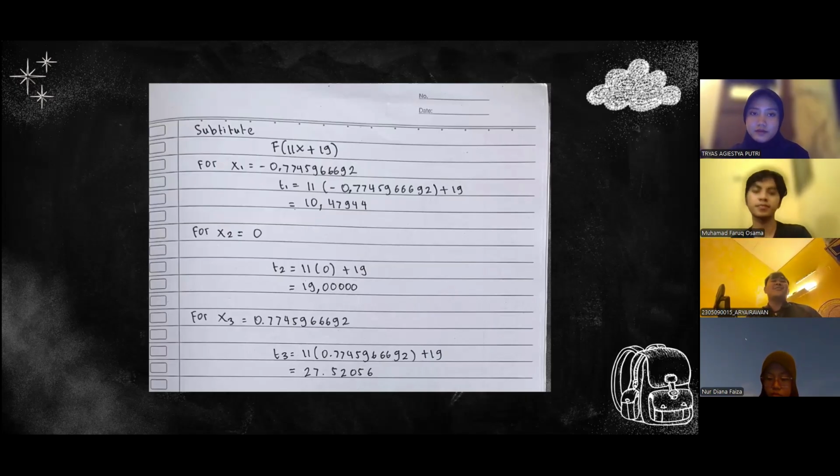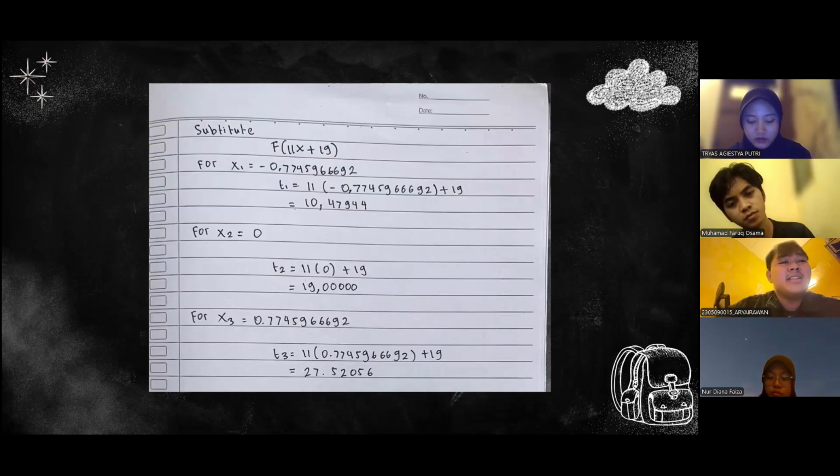Okay. After we know x1, x2, and x3, we can calculate t1, t2, and t3. We have the formula before. It's a function with 11x plus 19. So we just substitute to the formula. For t1, we use x1, and the result is 10.4784.